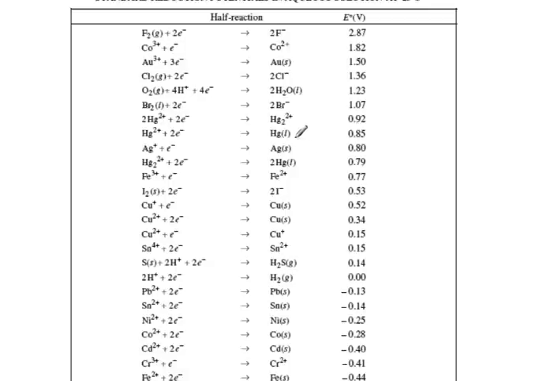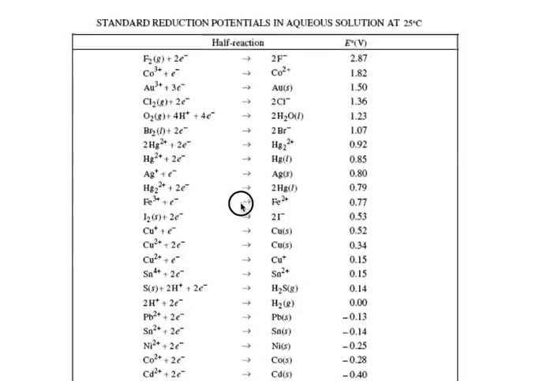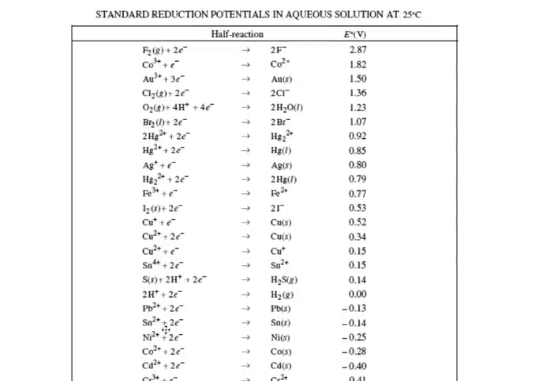Your best friend is going to be a reduction table in this unit. So if we look right here, this is a standard reduction table. This is the exact same one provided on the AP exam. If you notice, the electrical potential or the voltage is listed on the far right-hand side. These are all reductions because it's a reduction table. Notice the electrons are always on the left-hand side because there's a reduction going on.